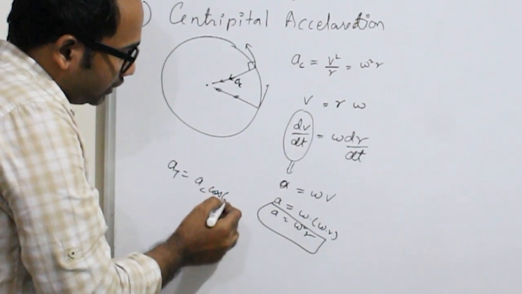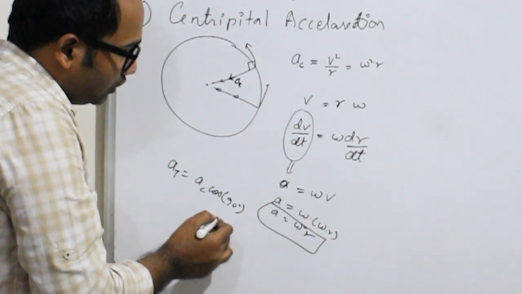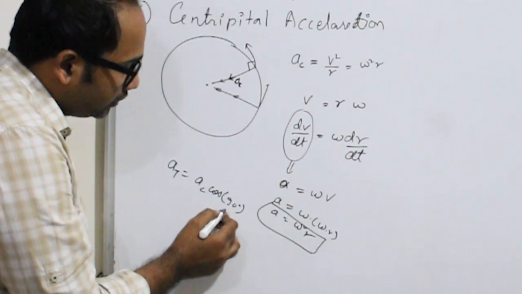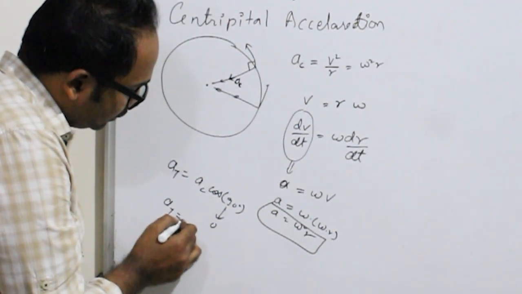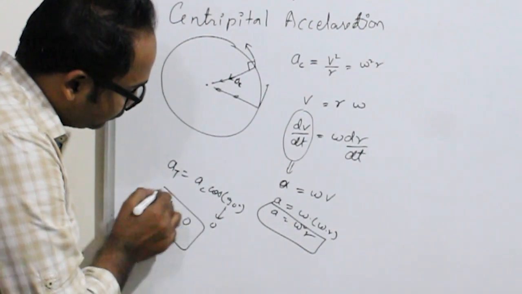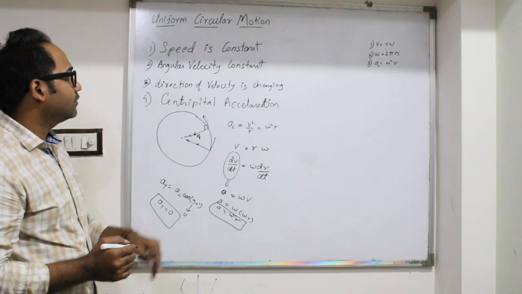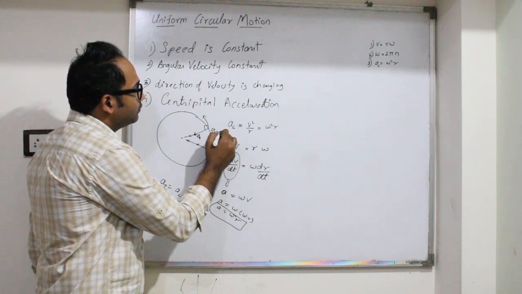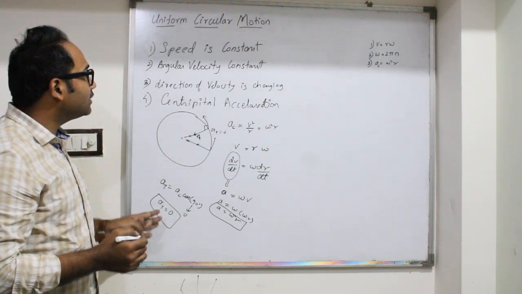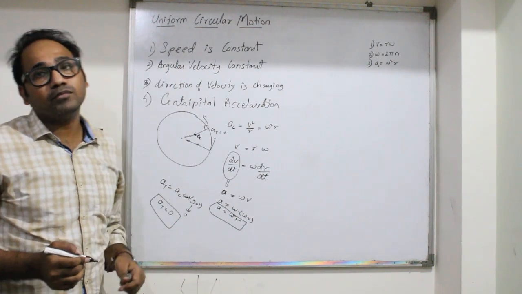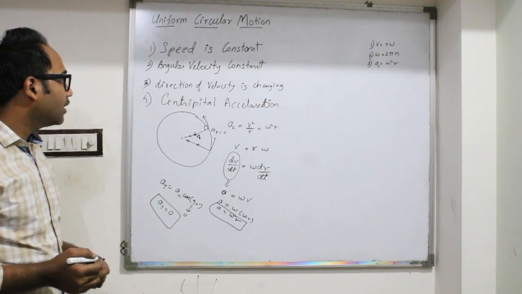So that is a_c cos 90. Now cos 90 is 0. That's why the tangential acceleration in this case will be 0. And just because the tangential acceleration is 0, that's why it is a uniform circular motion.